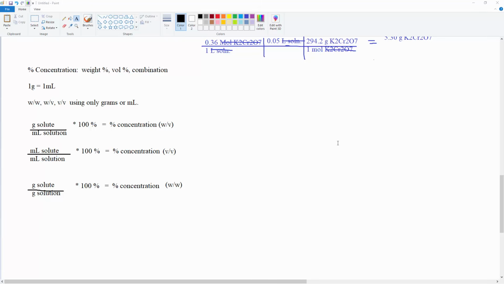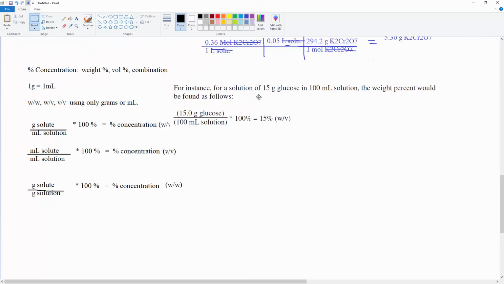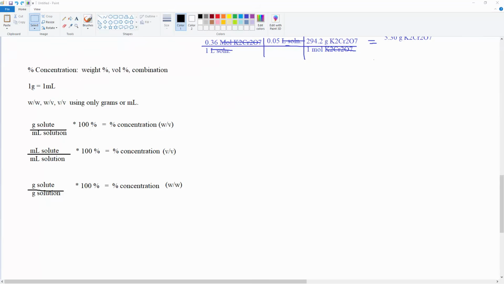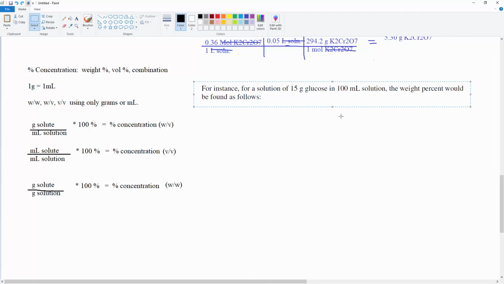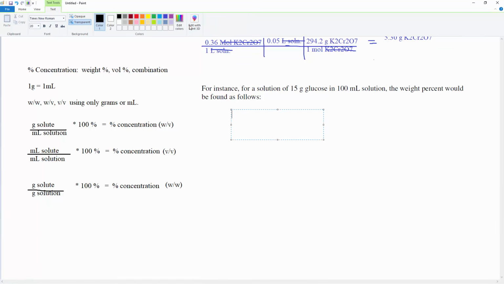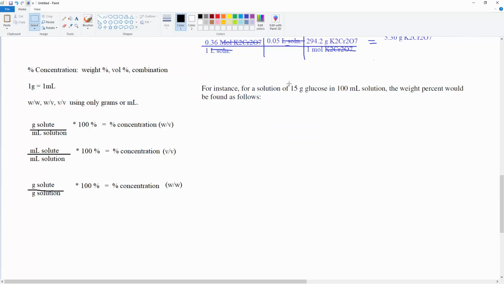So, all right, here's an example from your, oh, whoops, I'm not supposed to give you the answer. From your lecture notes. You've got 15 grams of glucose in 100 milliliters of solution. Then you would just say, there's my grams of glucose.